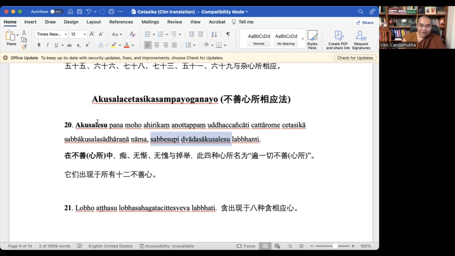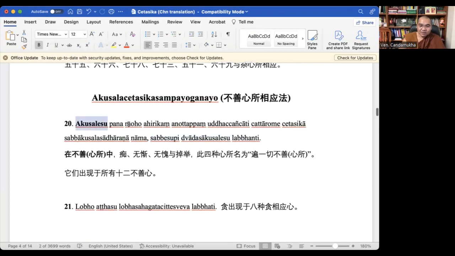So that's why there is one method in the four Cetasika led by Moha. In Pali, in Myanmar, we make a note: Moha Hetuka. Hetuka means something which has a root. So here, Moha Hetuka, we can simply say Moha four, a group of four Cetasika led by Moha. That is Moha Hetuka.